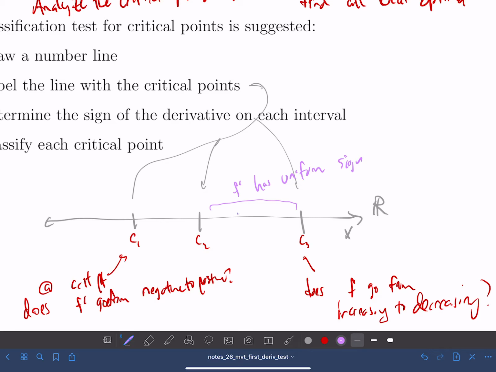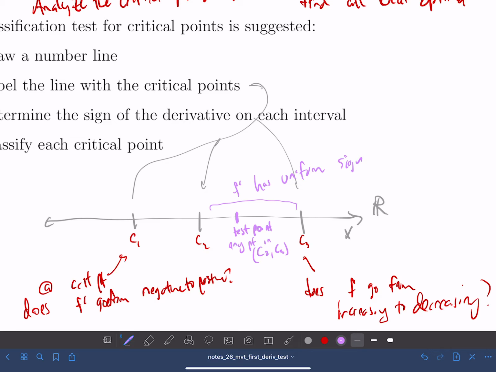Which means that if I choose some test point in between C2 and C3 in this interval, and it doesn't matter which one, this test point could be any point in C2 to C3 as an interval, all I have to do is plug that in.